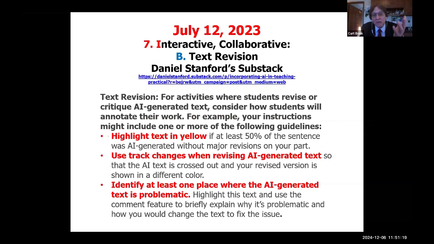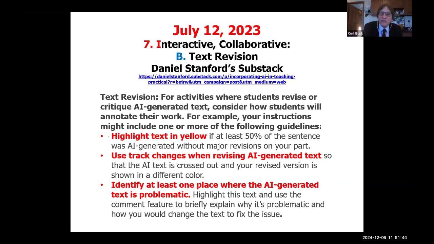Another professor, Daniel Stanford, again, he says, for activities where students revise and critique AI-generated text, consider how students will annotate the work. For example, your instructions might include the following guidelines. Highlight in yellow any sentence in which AI wrote more than 50%. Highlight maybe in another color where only the words were changed.